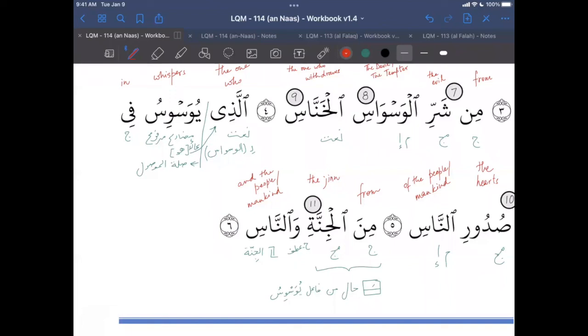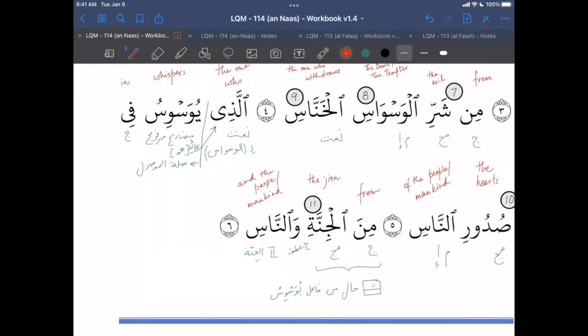I recall at one point I was reading something and I could not remember what the reference was, that there is a scholarly difference about this minal jinnati wan-nas being connected to yuwaswisu or connected to An-Nâs in Surat-un-Nâs. I have forgotten about it and could not find time to find that.